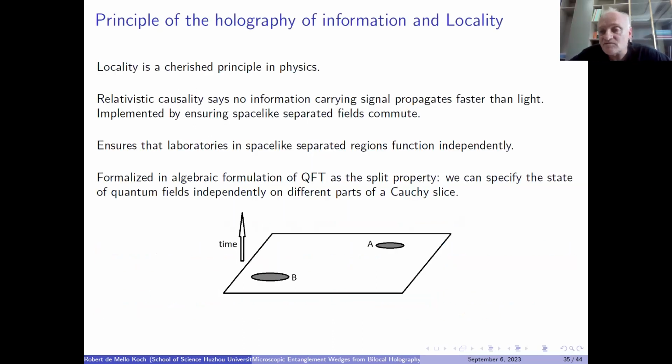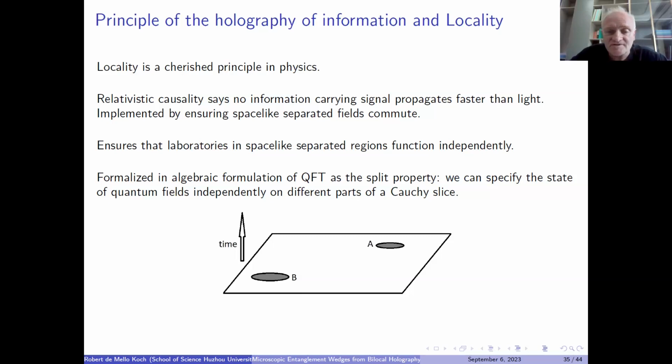So the last thing that I wanted to look at was the holography of information. So the holography of information is a relatively recent discovery, although it was hinted at in much older literature. And it challenges locality. So if you're in local quantum field theory, so here I've drawn a certain Cauchy slice, and you have two regions A and B, and these regions are space-like separated.